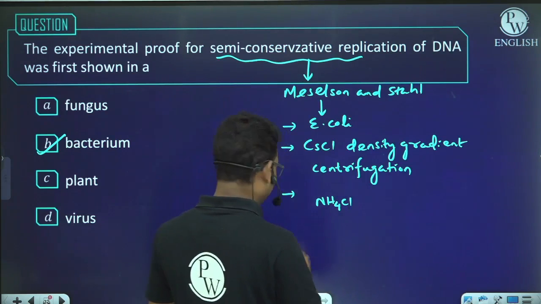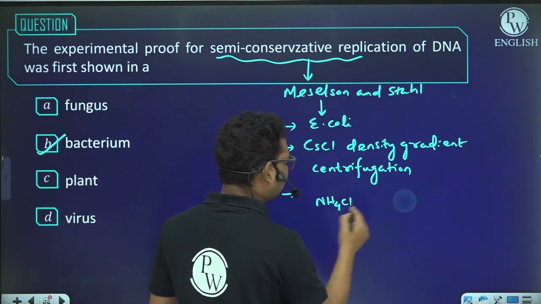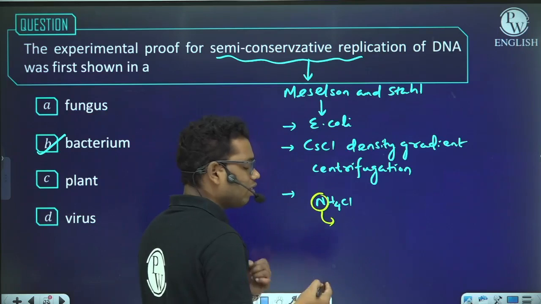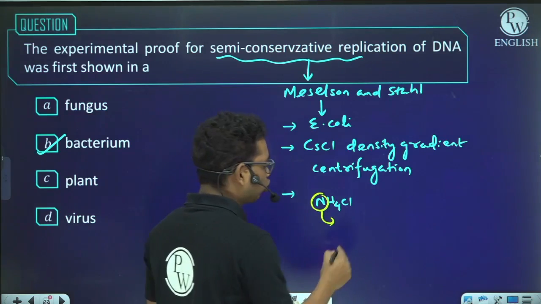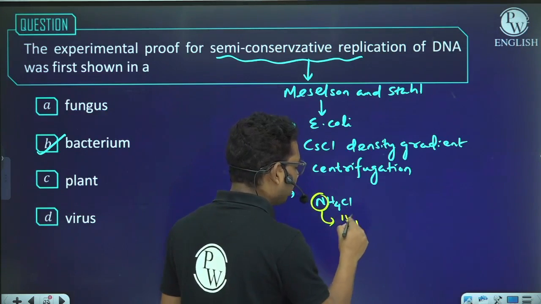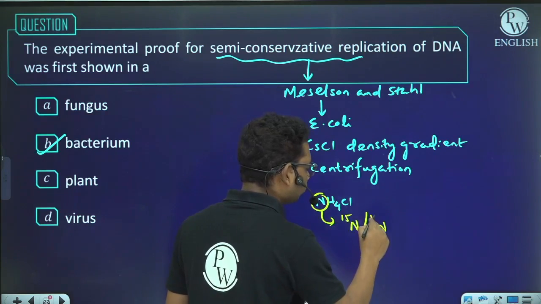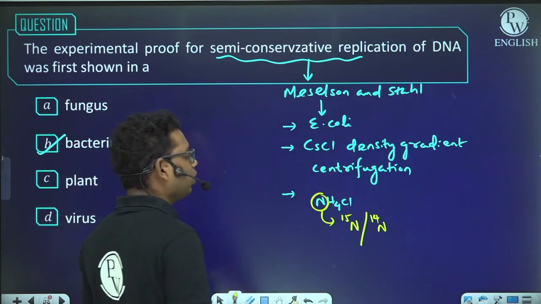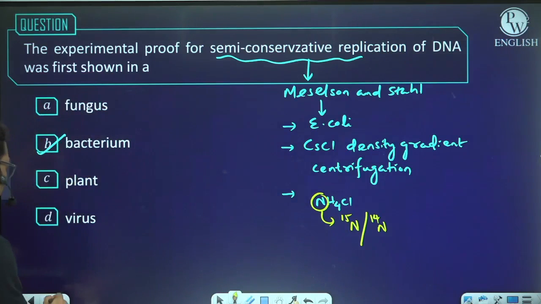In NH4Cl, the nitrogen supplied was either in the form of heavy isotope or light isotope. That means it was N15 and N14. In these two forms, the nitrogen was supplied to the culture medium. Okay, so the answer is B over here.